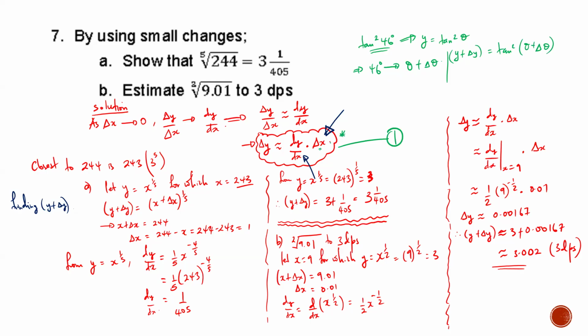For this case you remove your change in x and put the change in theta. So we shall have our change in y as dy d theta times that. Your task will be to find dy d theta from y equal to tan squared theta.